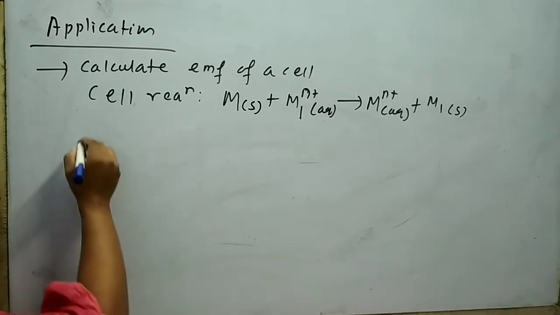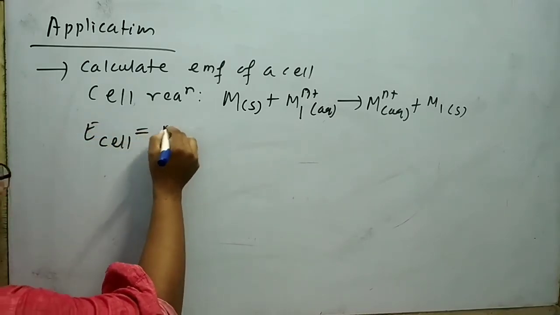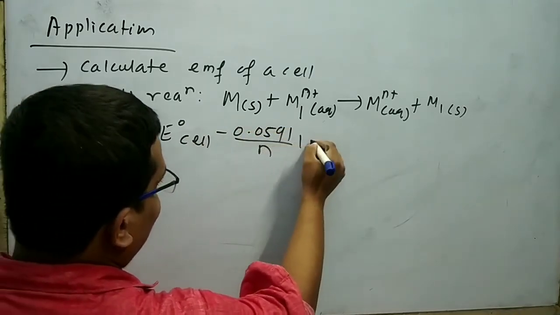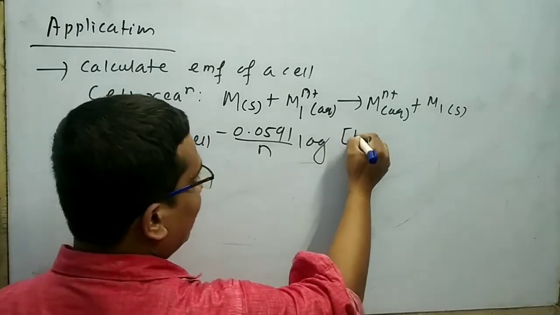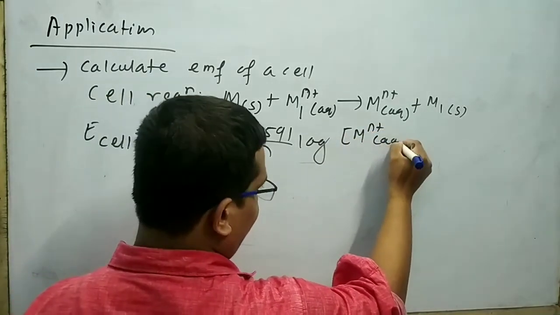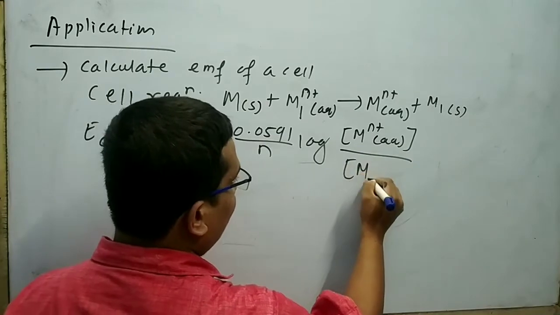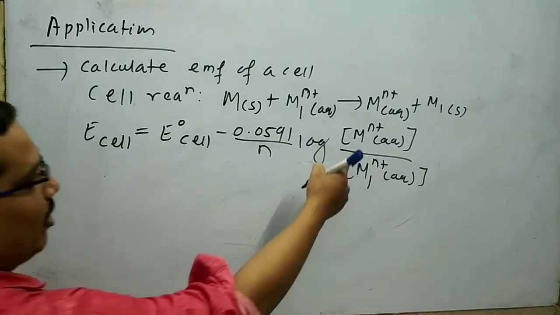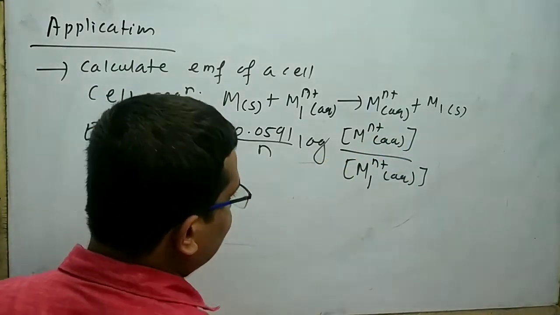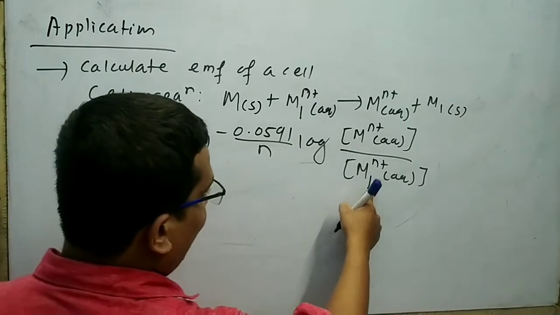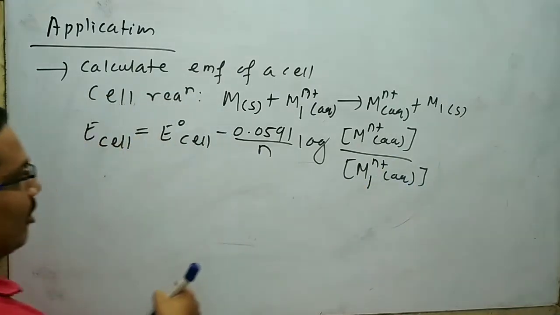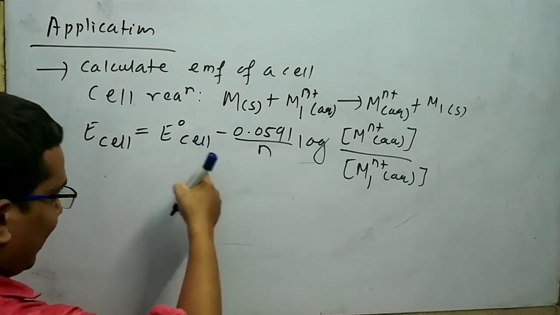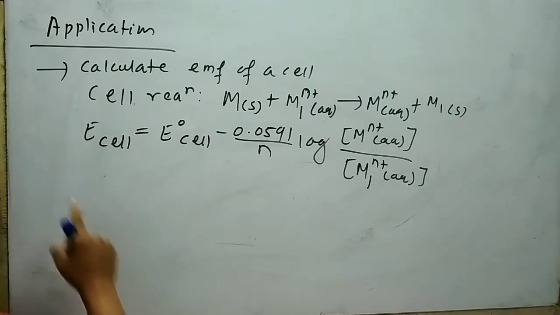Then the Nernst equation is E cell equals E0 cell minus 0.0591 divided by n into log of concentration of Mn+ aqueous divided by concentration of M1 n+ aqueous. By putting the values of the concentrations, n and E0 cell, I can find the value of E cell.